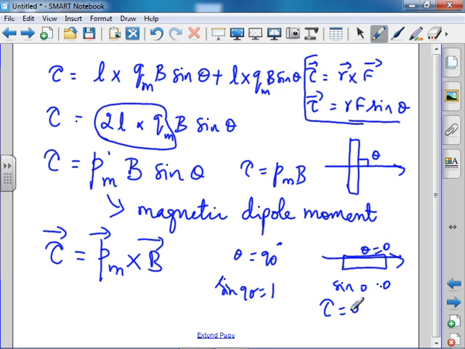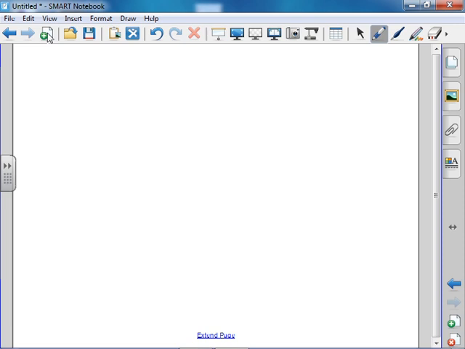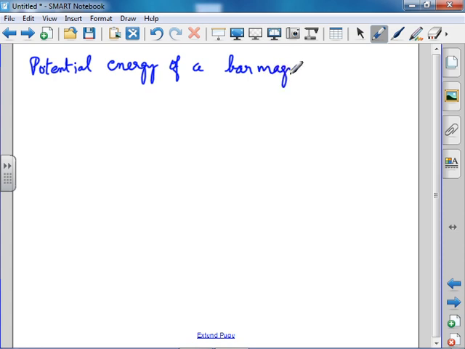The next topic we are going to study is potential energy of a bar magnet in a uniform magnetic field.